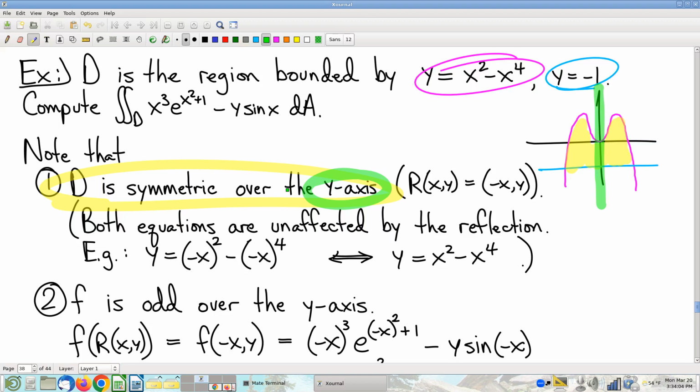Now let's talk about what it looks like to do a reflection over that line. Doing a reflection, if you have a point here, x comma y, and you were to look at its reflection over that green line, this being your reflection R, notice that when you do that reflection, the y-coordinate doesn't change at all. The reflected point and the original point have the exact same y-coordinate.